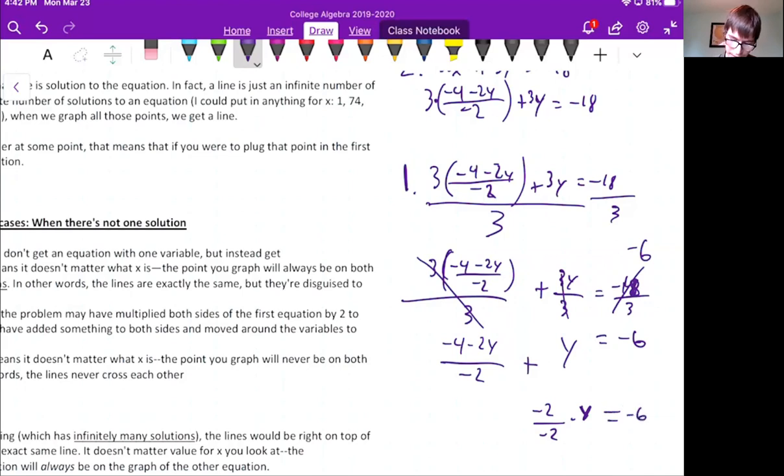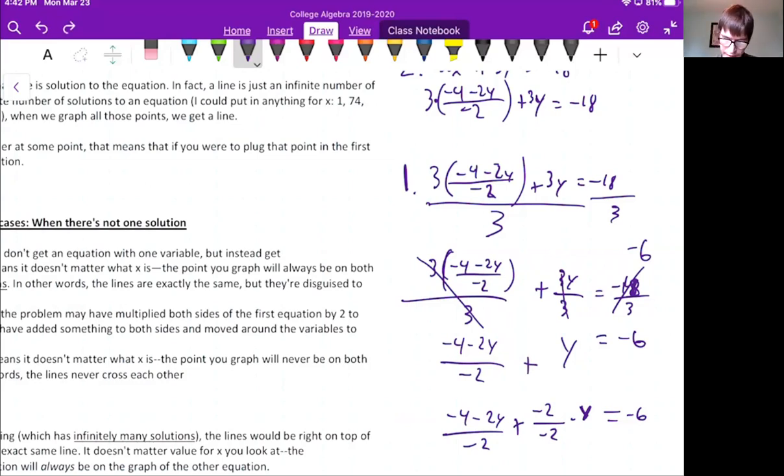On this side, we've got -4 minus 2y over -2. Why did I choose -2 over -2? I chose it because it creates a common denominator. If the denominator is the same, then we can add the top sections together. So this gives us the common denominator that we want.